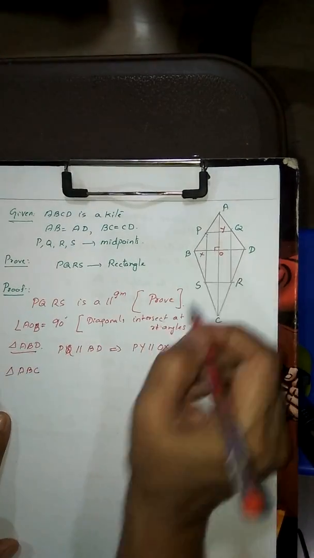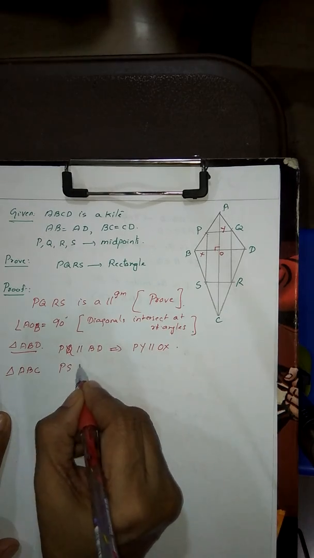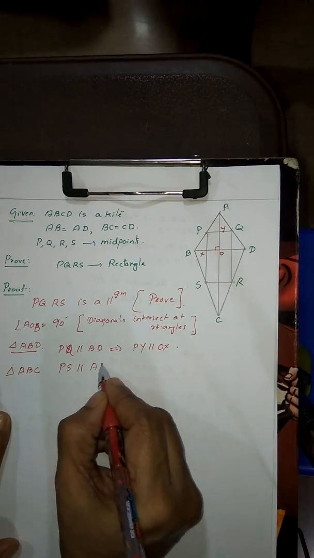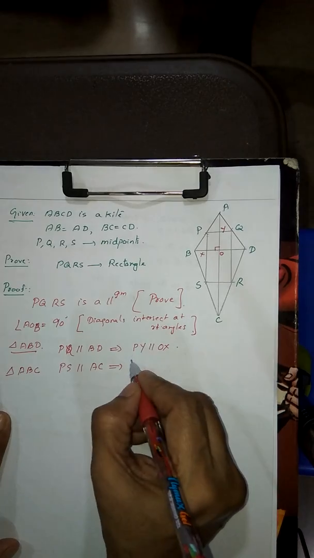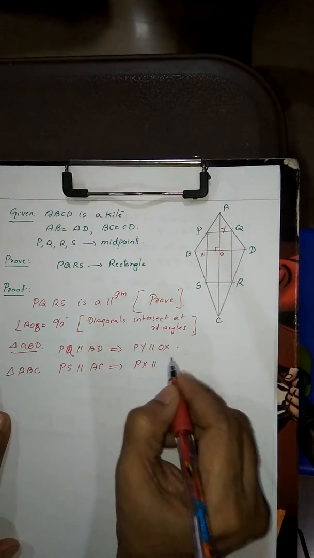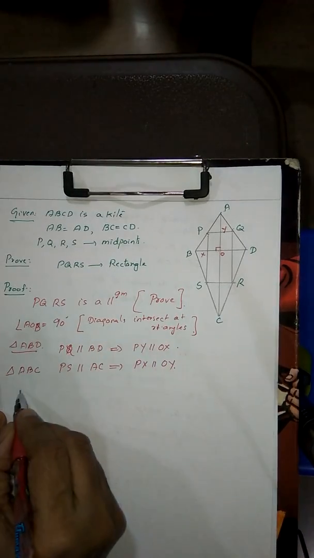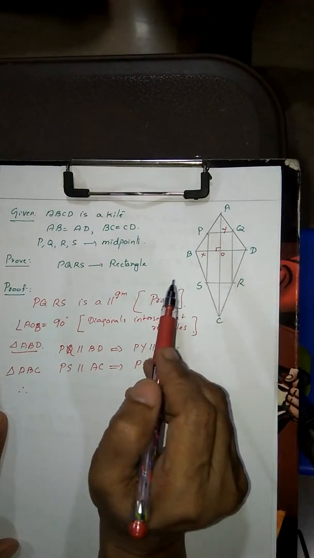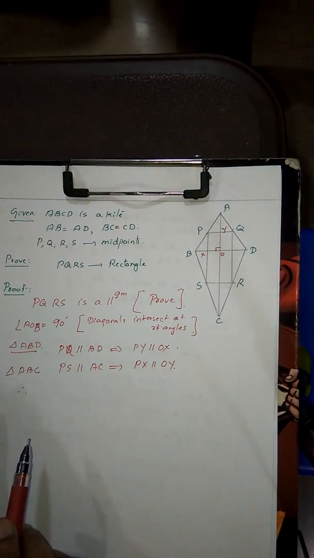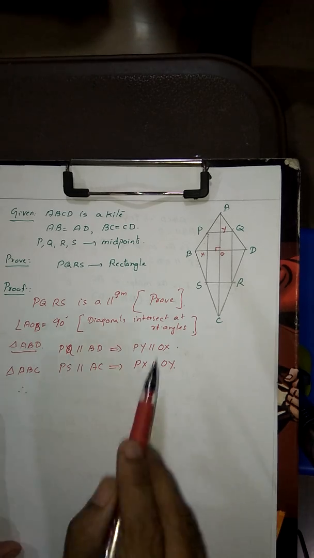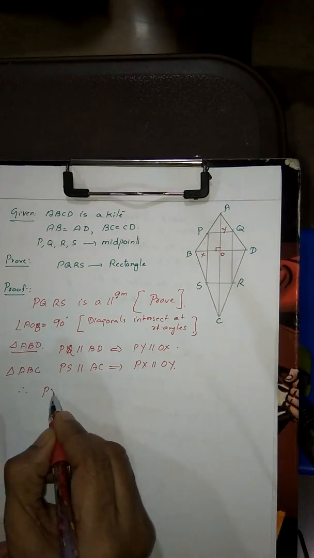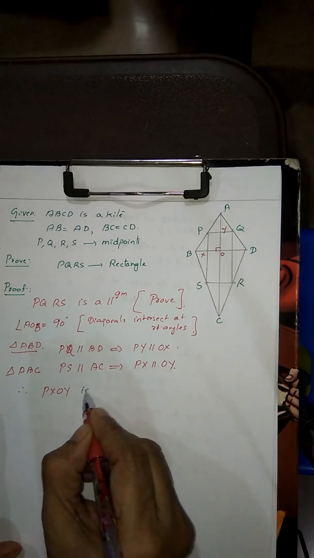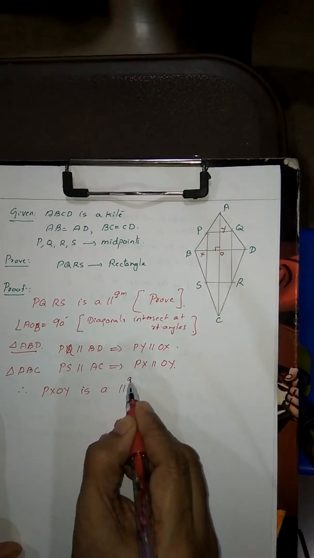You can say PS is parallel to AC. From that you can write PX is parallel to OY. Therefore, now we got both the pairs of sides are parallel to each other. Therefore, PXOY is a parallelogram.